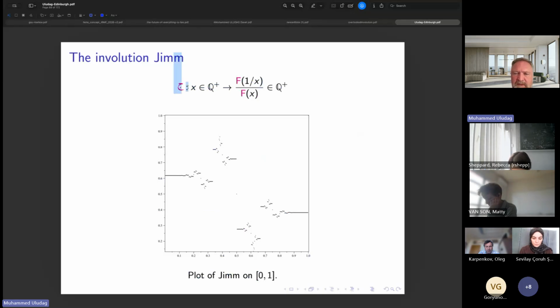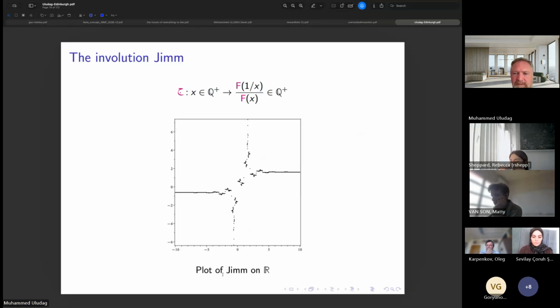However, Gym is a rational valued function, so we can try to plot it. And its plot looks like this. It is discontinuous, with many jumps everywhere. This is the plot on the interval 0, 1.